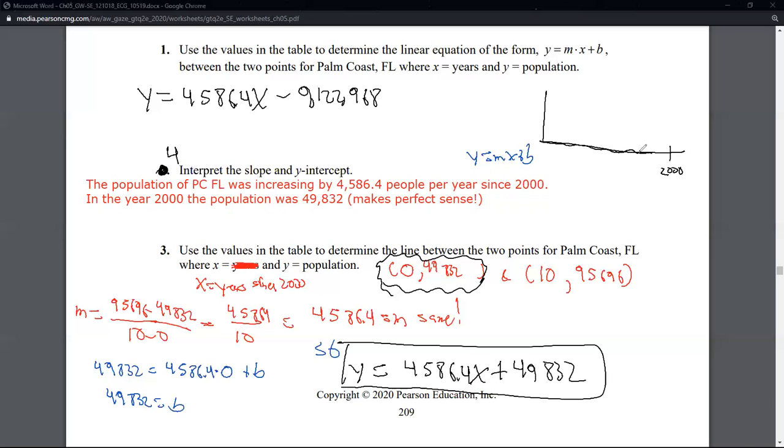So, you know, hundreds of people, thousands of people, something like that. Just pretend like this is a little higher, I guess. But then all of a sudden, it just explodes for Palm Coast, Florida. So trying to use a line to approximate this is a pretty awful model. So if the black represents the actual people over time, the red would be a linear approximation to it, which is just trash.